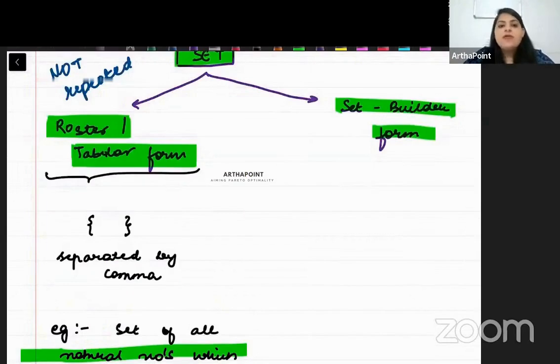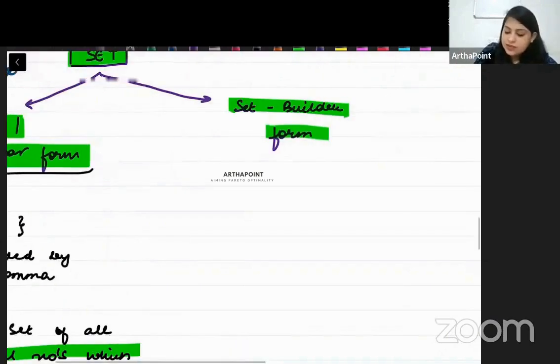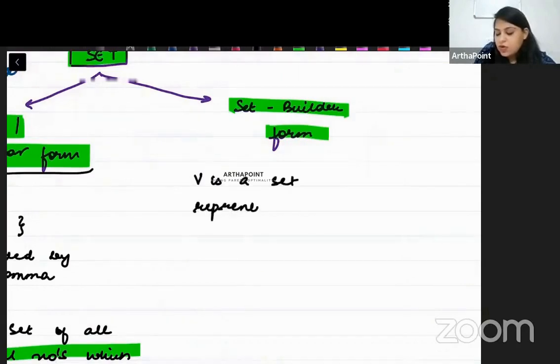In set builder format, we need to write it in a crisp manner. Okay? And how do we write it? Just for example, let's say that V is a set representing all vowels.